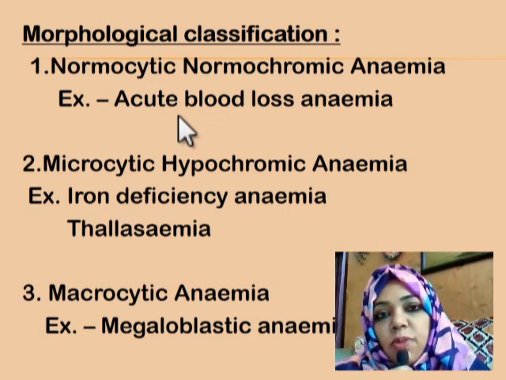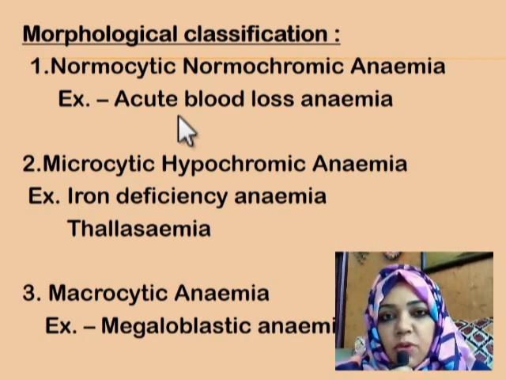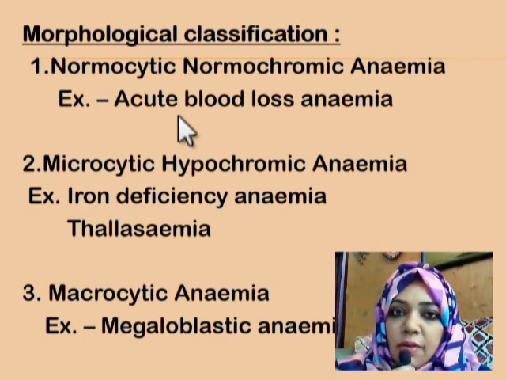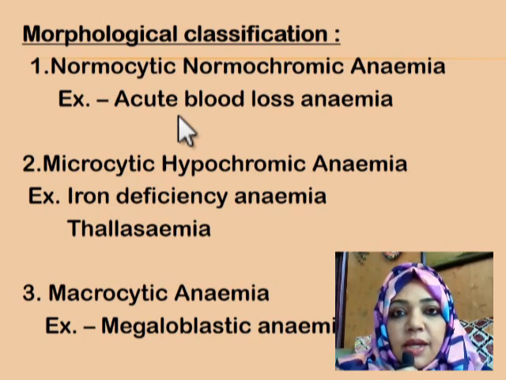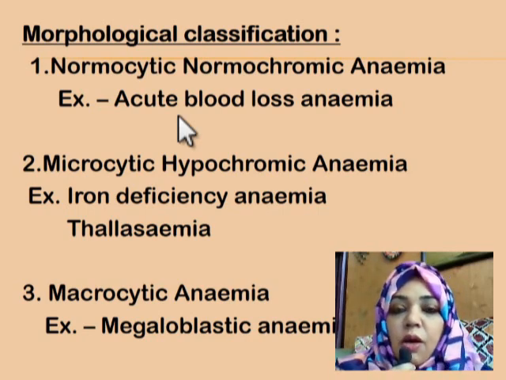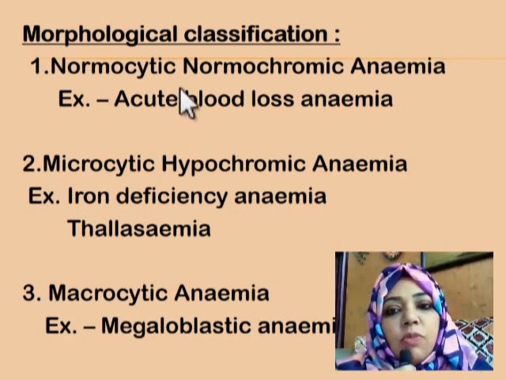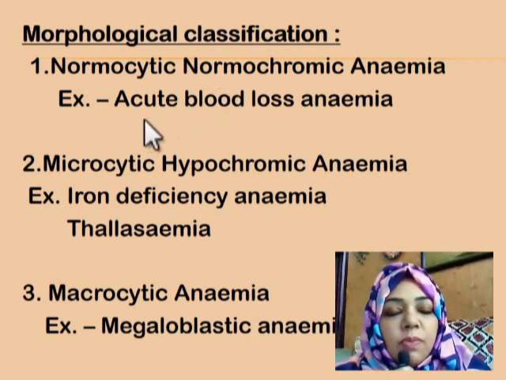There is no problem with the quality of RBC or hemoglobin, but there is quantitative deficiency of RBC or hemoglobin. If you remember, anemia can occur if there is a qualitative deficiency or a quantitative deficiency. So normocytic normochromic anemia occurs when there is acute blood loss.